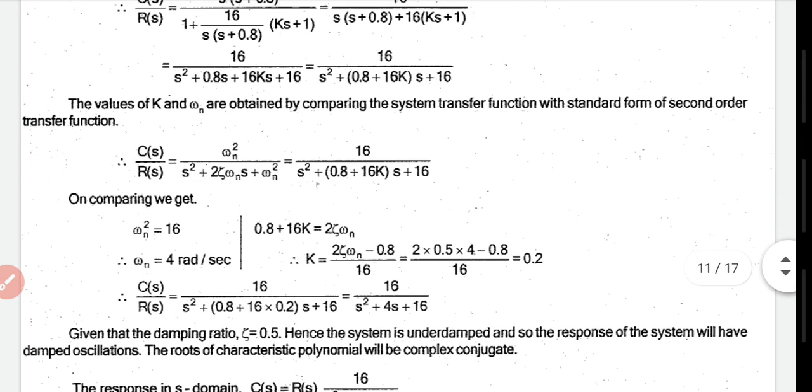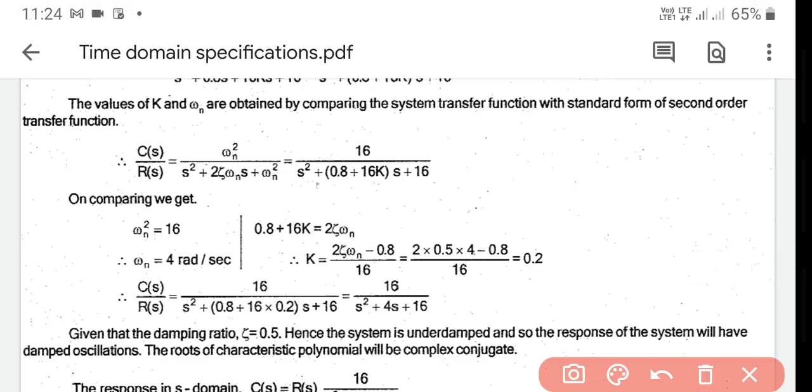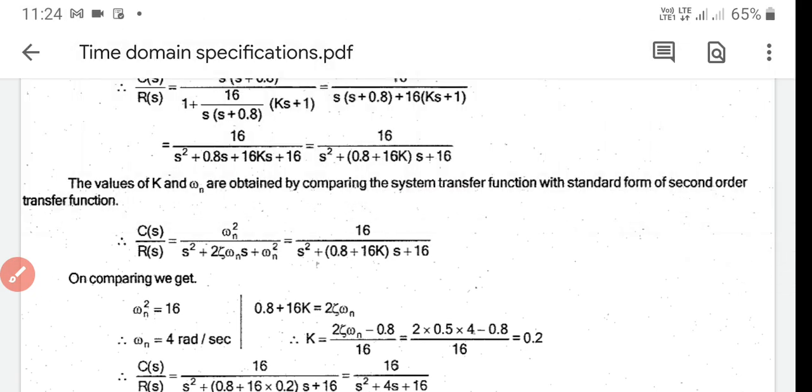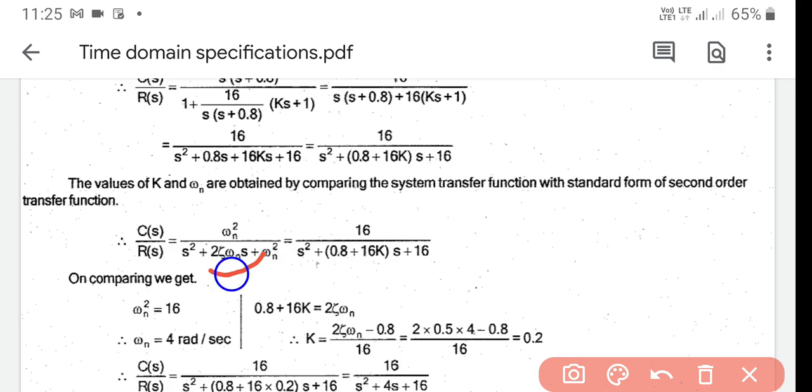So from the equation we have obtained for C of s by R of s, 16 by s square plus 0.8 plus 16k into s plus 16, it is in the form of omega n square by s square plus 2 zeta omega n s plus omega n square. It is the standard form of a second order equation.